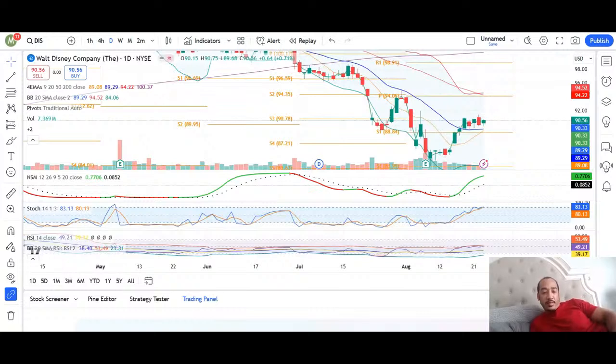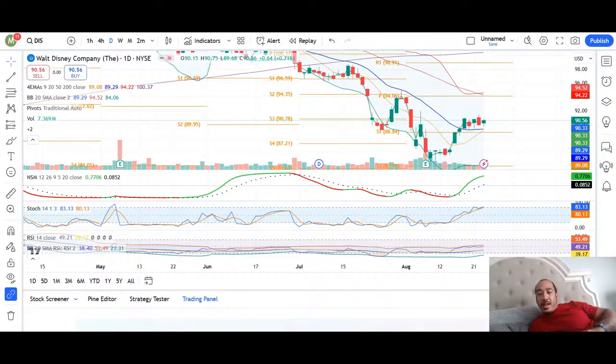Let me go back to Disney. So on the RSI, the blue line crossed above the orange line, and it's still above it. That's one thing I like about Disney as a possible swing.